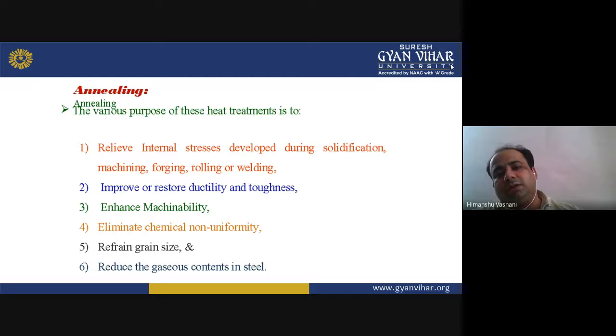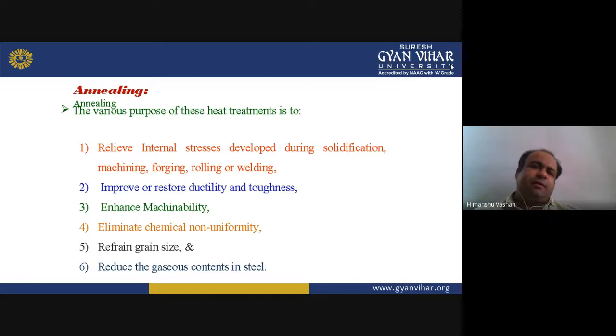Now, the purpose of this annealing heat treatment process is relieving the internal stresses developed during solidification, machining, forging, rolling, or welding, and to improve or restore ductility and toughness. And the most important thing, enhance machinability, because during casting or welding some defects like blowholes or porosity, some problems or faults may come.